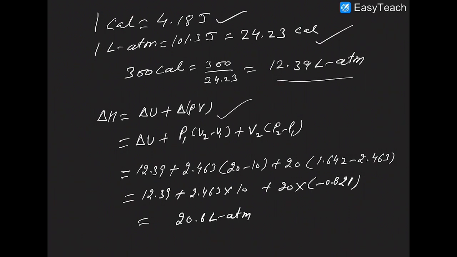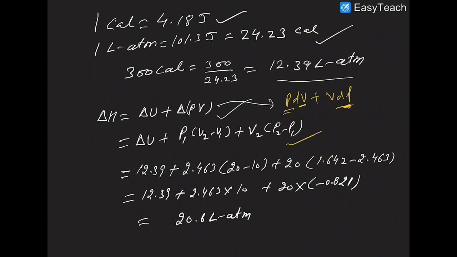So what is the value of delta H? Delta H equals delta U plus delta of PV. So it is P dV plus V dP. I am repeating once more: this should be equal to P dV plus V dP. dV is equal to V2 minus V1, and dP is P2 minus P1.